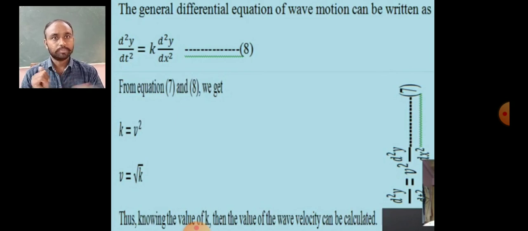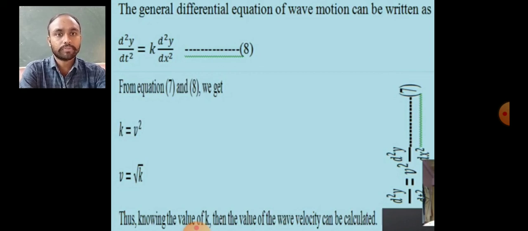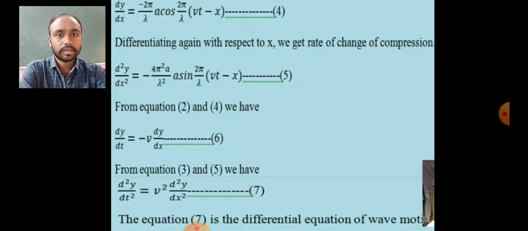So, simply what we get in this particular lecture is how to write wave motion in the form of a differential equation, and finally how to get our wave velocity by using k. So, v is equal to under root k, and basically this equation 7 is our differential equation for wave motion.